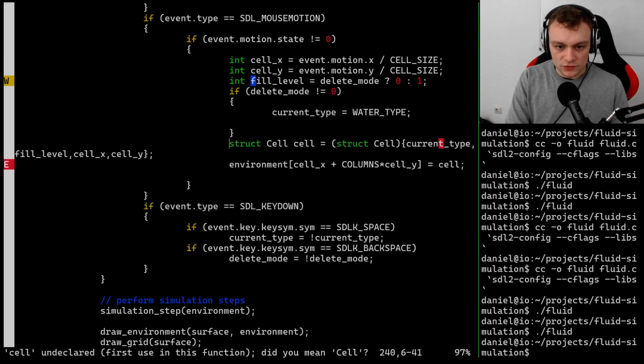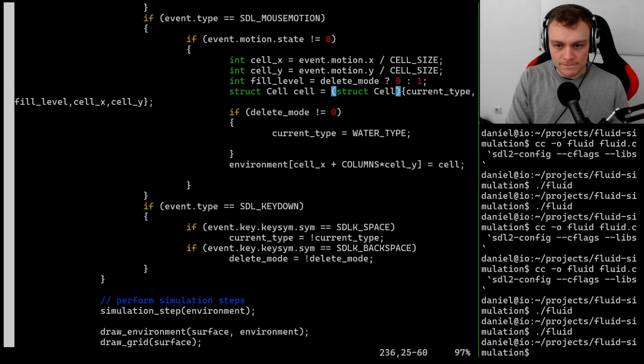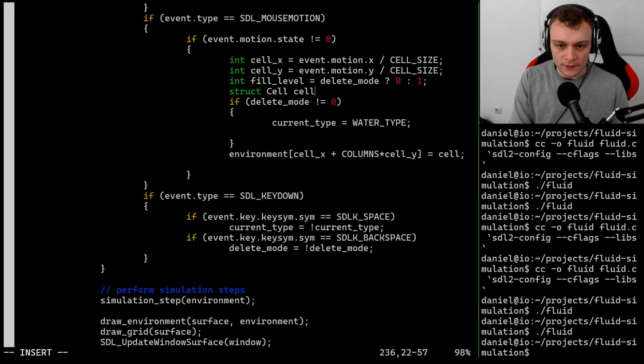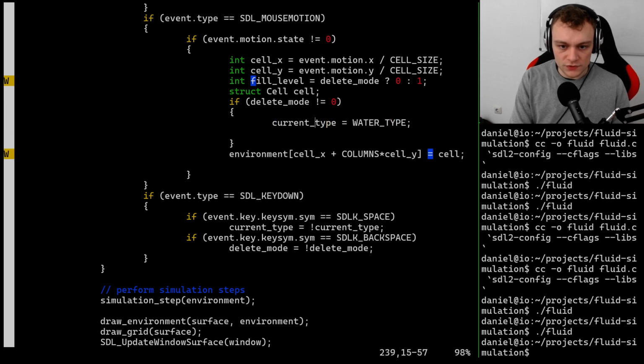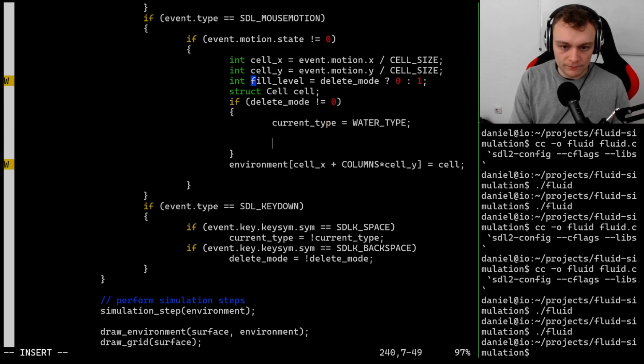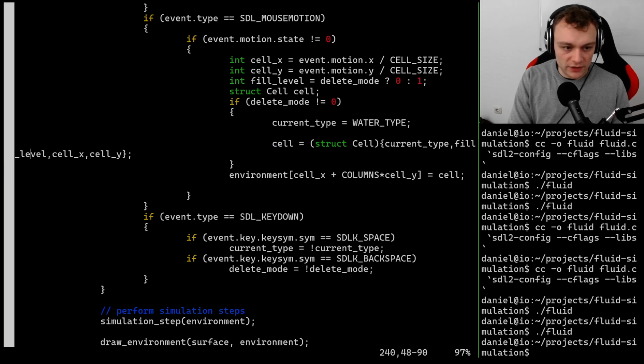Let me just do this, we have a cell, and then we... Oops. In case we delete, we set the cell to be the water type with a fill level of 0.